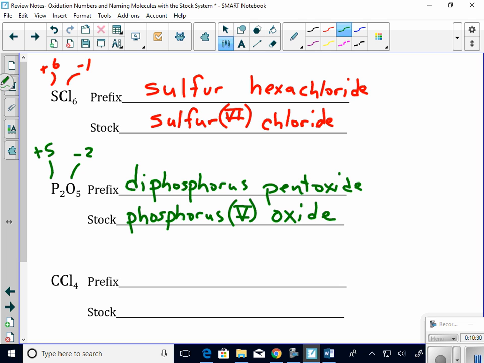They add a prefix to the second one, absolutely. Just like Brandon said, they're going to want to call this phosphorus 5-pentoxide. So they're combining the two methods. That's the most common mistake, so let's not make that mistake.